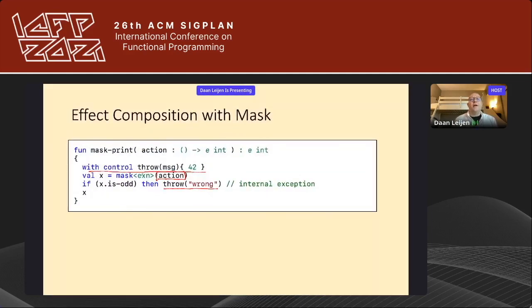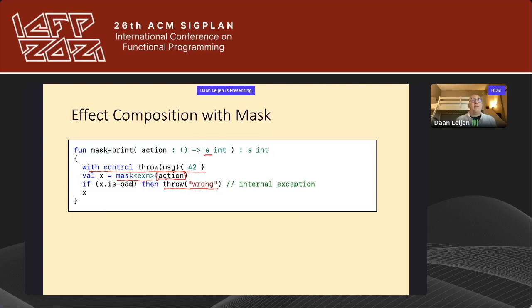It's only meant for my internal things. So I can use mask here to hide from the action that I'm internally using some exception handler. And that's why in the action here, you don't see the exception effect, because the action cannot see that I'm using an exception handler around it, right?